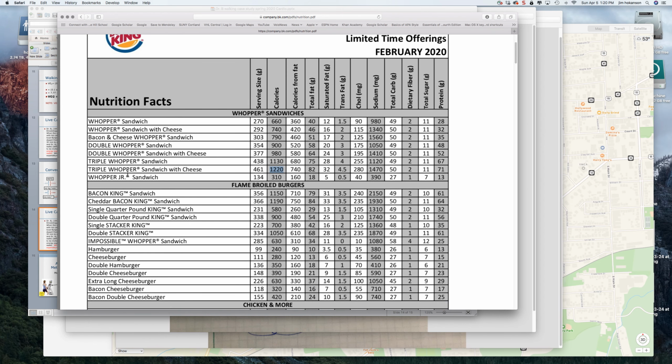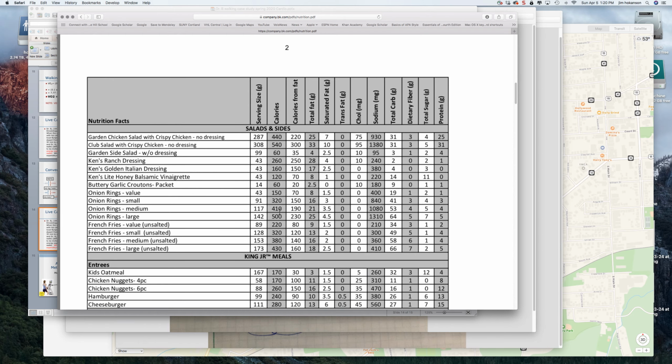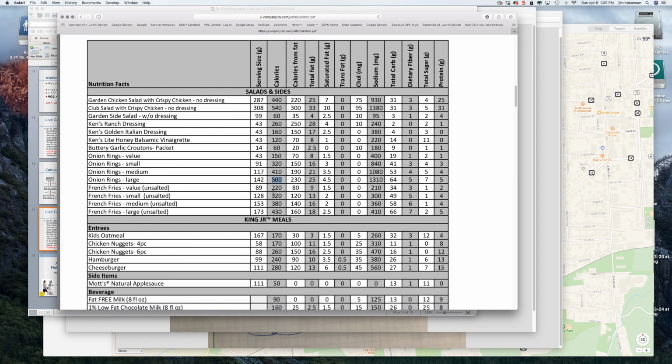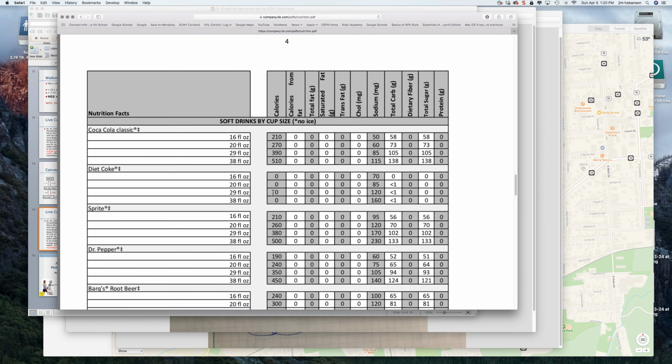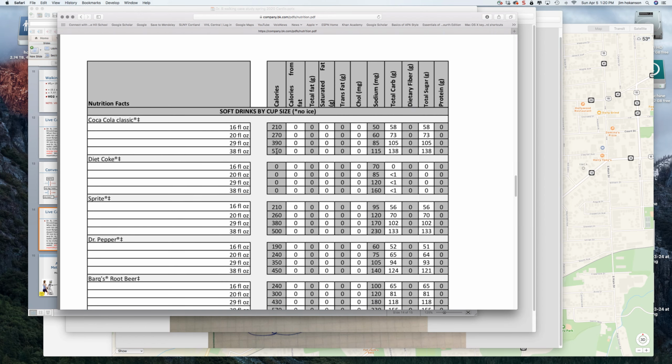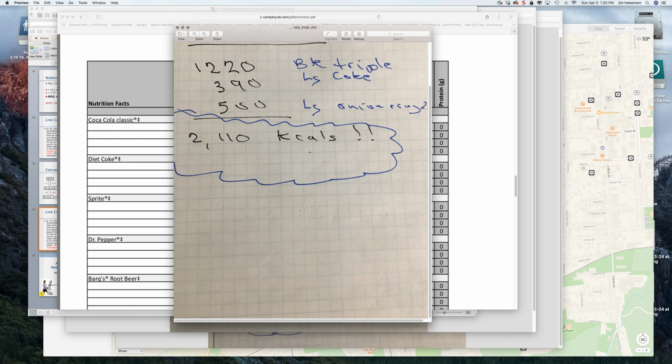So let's just say he eats a triple Whopper sandwich that's 1,220 kcals. He gets some onion rings that are 500 kcals, and a Coke that's 390 kcals. So if we added all of that up, the total calories of a Burger King lunch is 2,110 kcals.